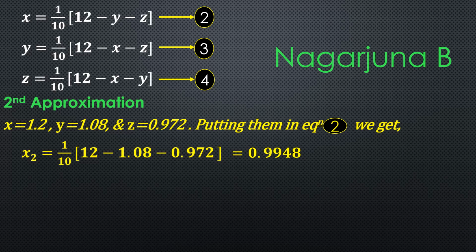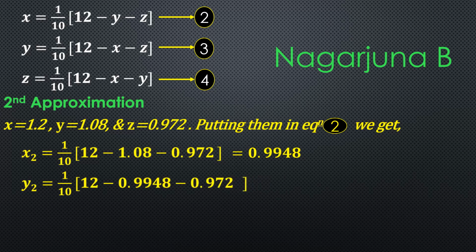Now we need to substitute this value in equation 3 along with the z value. The z value is 0.972, which we got from the first approximation. So therefore we can write y2 is equal to 1 divided by 10 into 12 minus x is 0.9948, which we have just got now, minus 0.972, which is the value of z which we got in the first approximation.